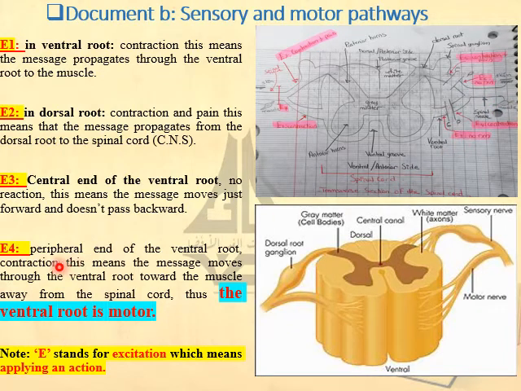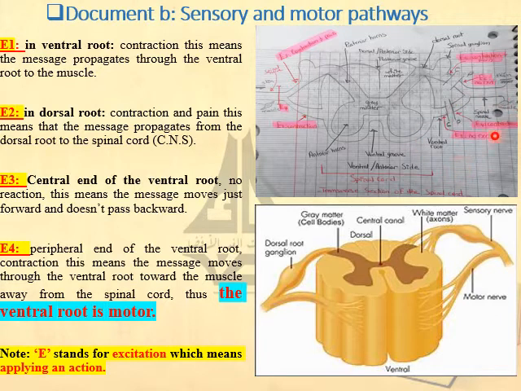Let's check the result. Excitation E4 at the peripheral end of the ventral root: contraction took place. What do you mean by contraction? We mean by contraction that the muscle received the message. This means that the message moves through the ventral root toward the muscle.